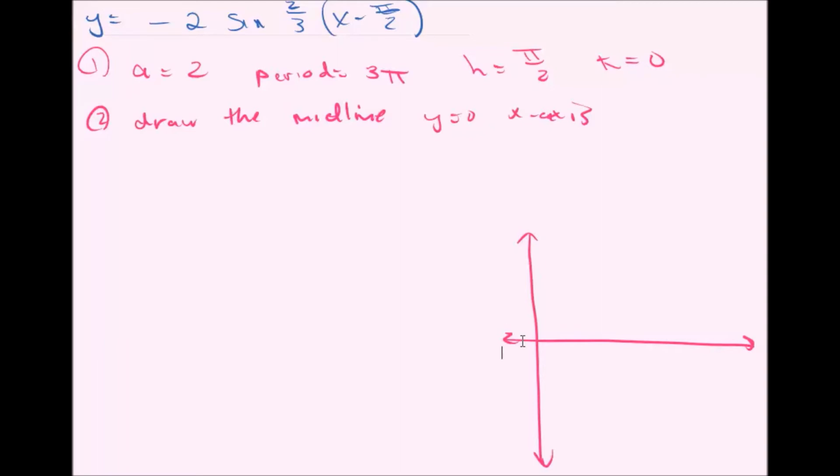Okay. Step 3 is going to be to find the 5 key points. And this is a sine curve, so we know there are going to be 3 x-intercepts, or 3 zeros, 1 maximum, and 1 minimum. So let's go ahead and find those.